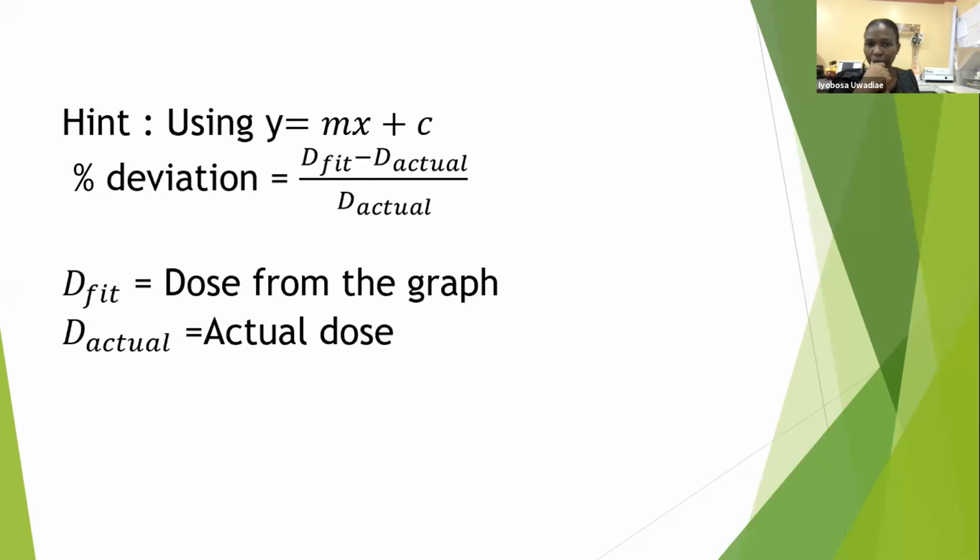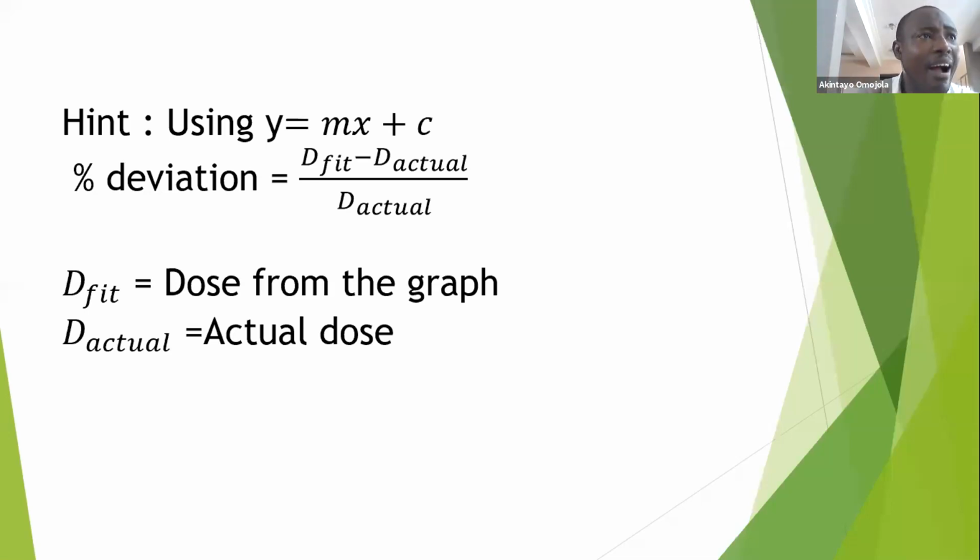The last question we want to deal with is practically how much the dose from the cesium source is. The cesium source was what our TLDs were exposed to. Now we have a graph, a line graph.